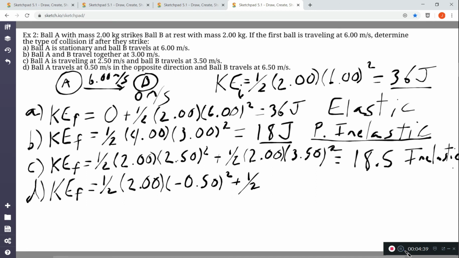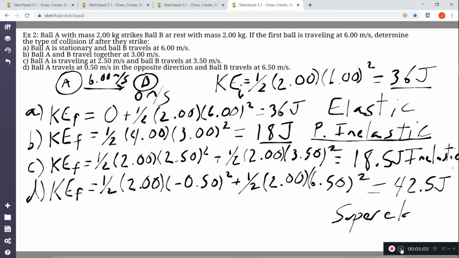And ball B is traveling at 6.5, which is faster. I'm going to bet you money this is super elastic. So when we do this, we get 42.5 joules. And so that is definitely super elastic.